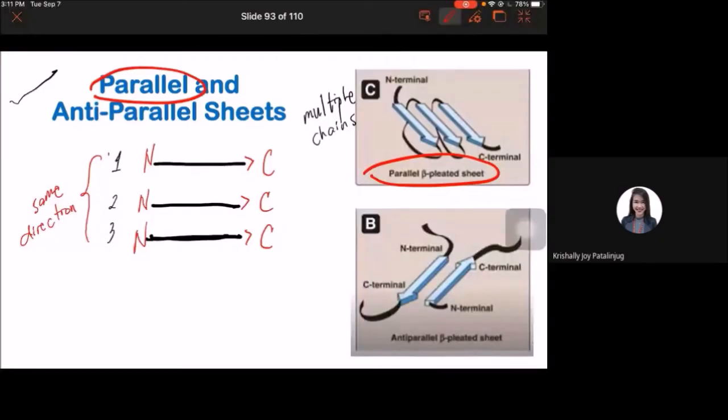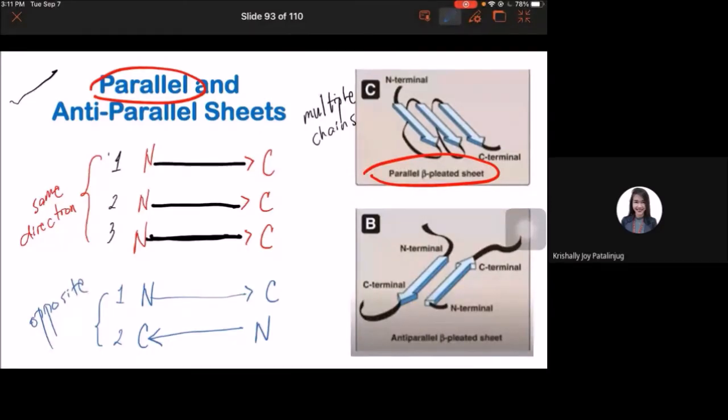Next, kapag naman opposite, say for instance I have a first chain, then a second chain. In the first chain you have the N-terminus here, then the C-terminus. For the second chain this time, you have the C-terminus here, then the N-terminus here. Kung titingnan natin yung direction, this time it's opposite direction.